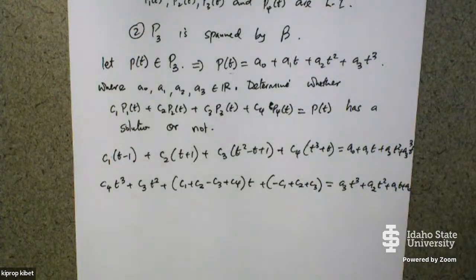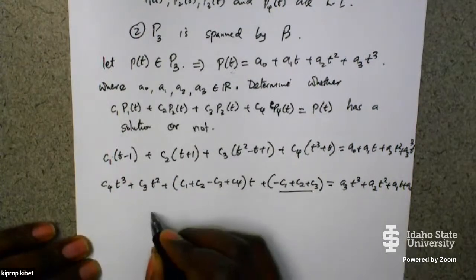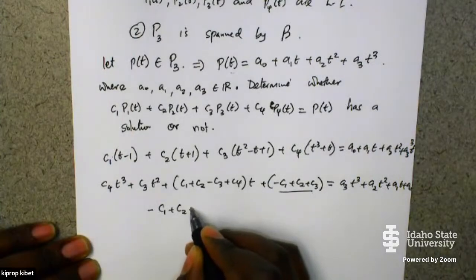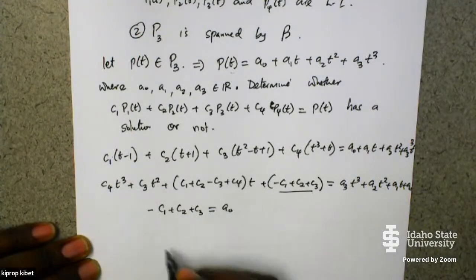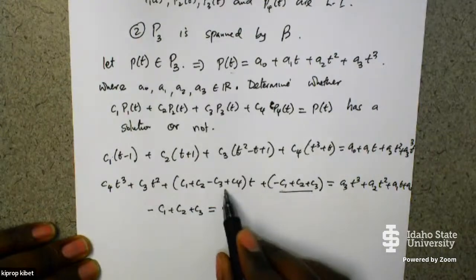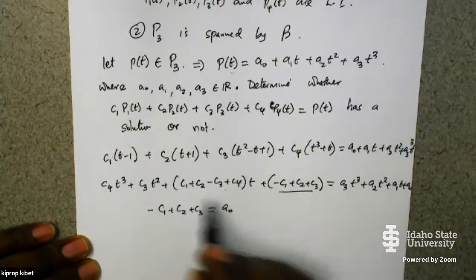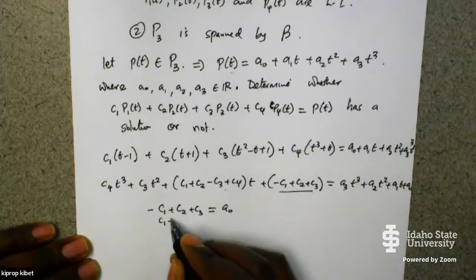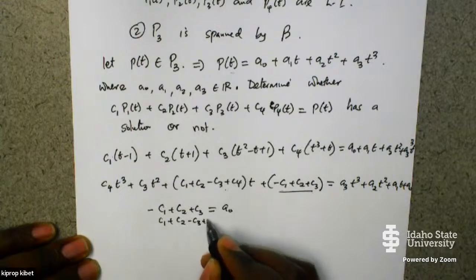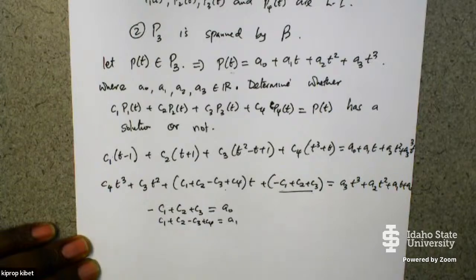So now we set the constant equal to the constant. Minus C1 plus C2 plus C3 equals A0. Then the one for T is C1 plus C2 minus C3 plus C4 equals A1.